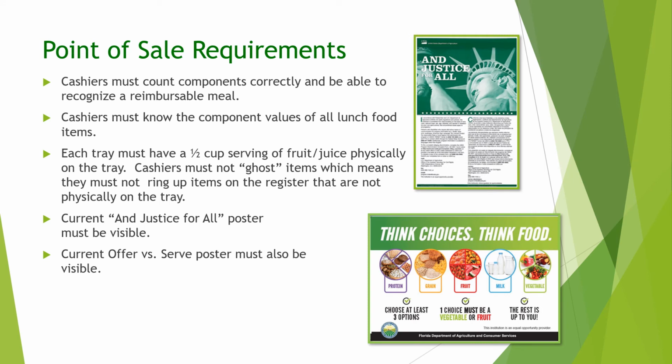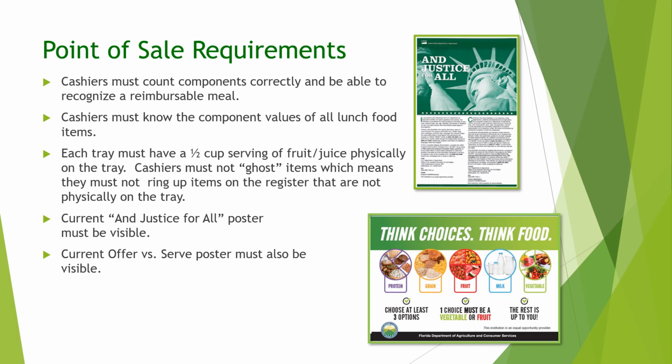Point of sale requirements. Cashiers must count components correctly and be able to recognize a reimbursable meal. Cashiers must know the component values of all lunch food items. In order for cashiers to be able to count components correctly, the menu and recipes must be reviewed daily with cashiers and servers prior to meal service.